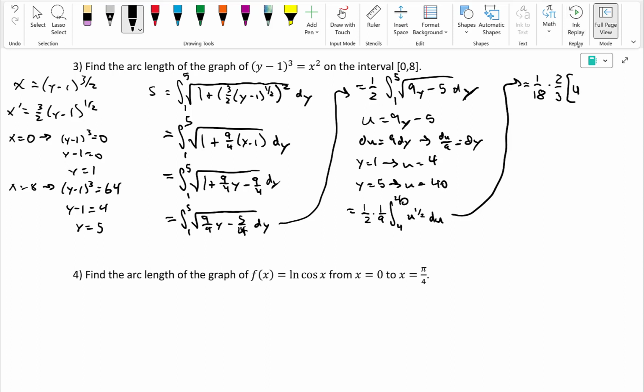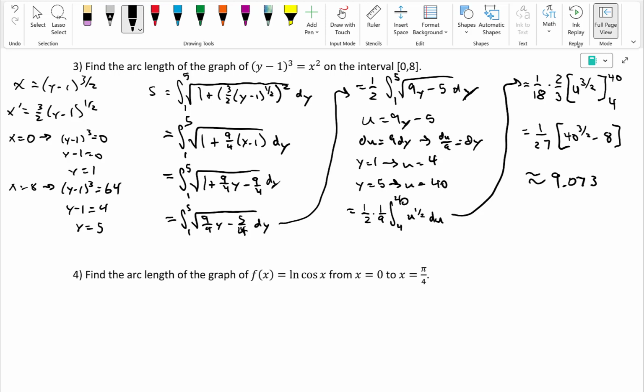We'd end up with u to the 3/2 times that 2/3, evaluated from 4 to 40. And so we get 1 over 27 times our quantity here, 40 to the 3/2 minus 4 to the 3/2. That one's just 8. And then I've got an approximate here because we don't like to leave it like that. So 9.073.